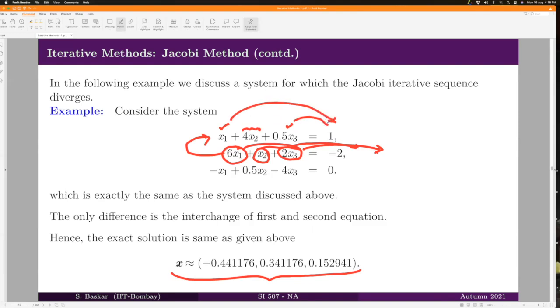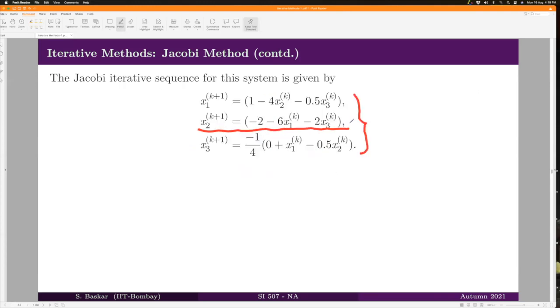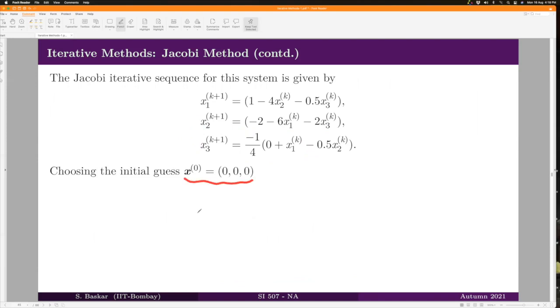Now this will be kept on the left side and these two will be pushed to the right side. Therefore, your Jacobi iterative sequence formula is different. The system is the same, the formula is different. You start with the same initial guess 0, 0, 0, and let us now compute the iterative sequence terms with this formula and see how they go.